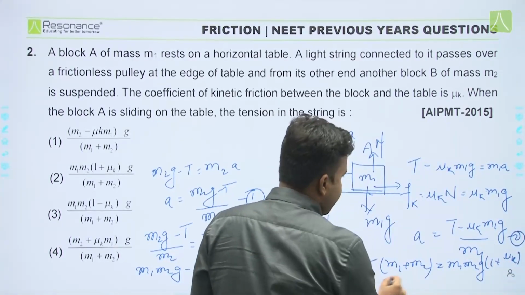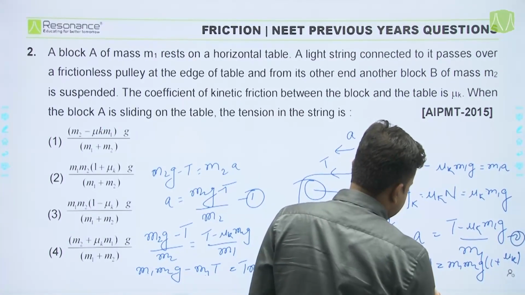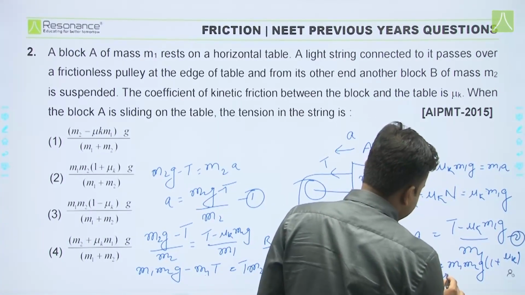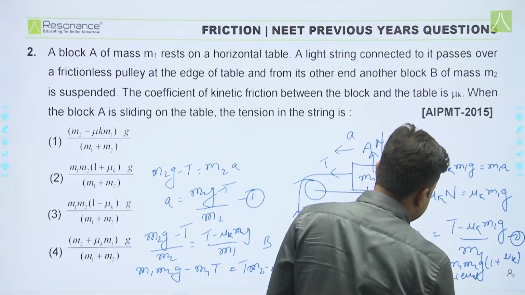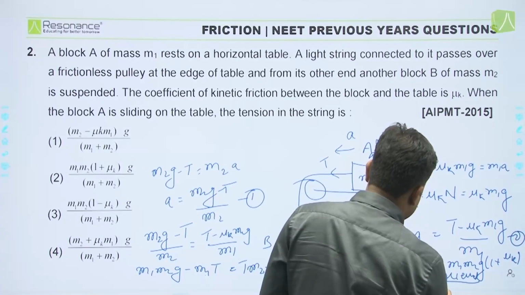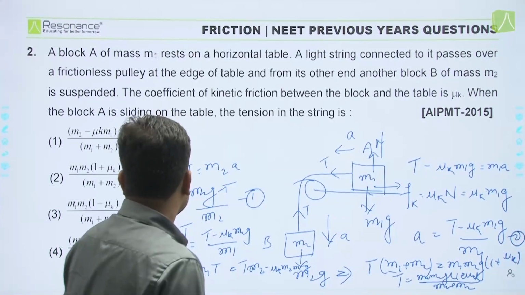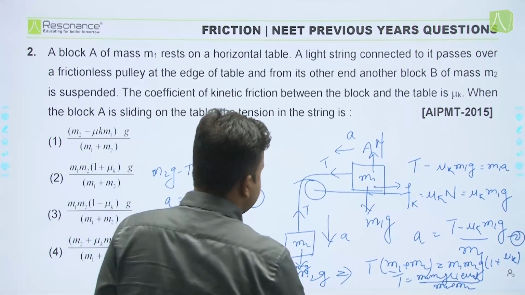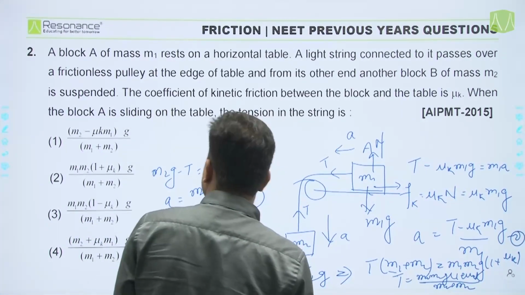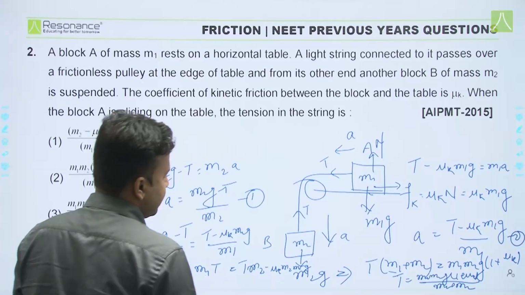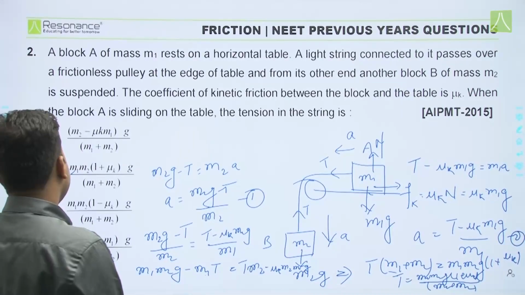From here, the tension is equal to m1 m2 g into 1 plus mu k divided by m1 plus m2. So which one is the answer? m1 m2 g into 1 plus mu k divided by m1 plus m2. I think it matches the second option, so this one is the answer.